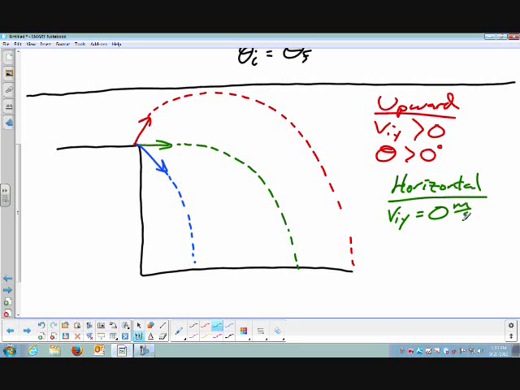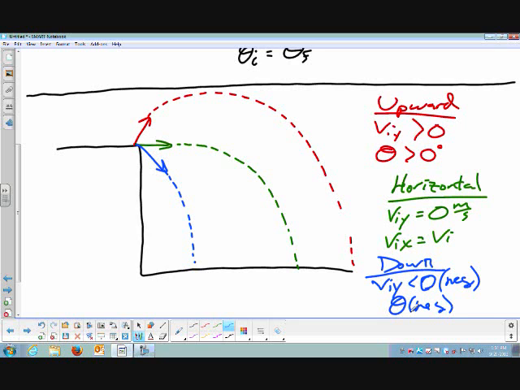There is no y component, which means my initial velocity in the x direction is simply what my initial velocity is. And finally, if we throw it downward, my initial velocity in the y direction is less than 0, or negative, and I'm dealing with a negative angle.